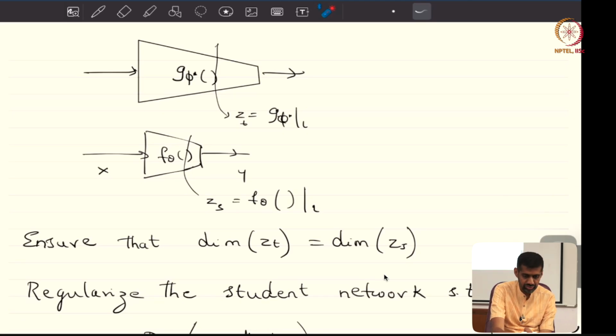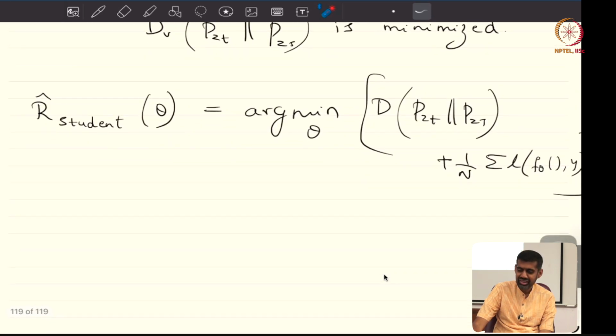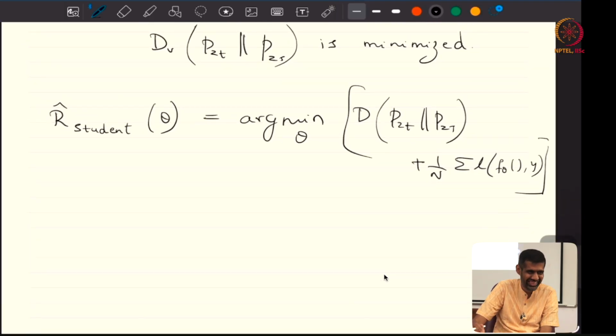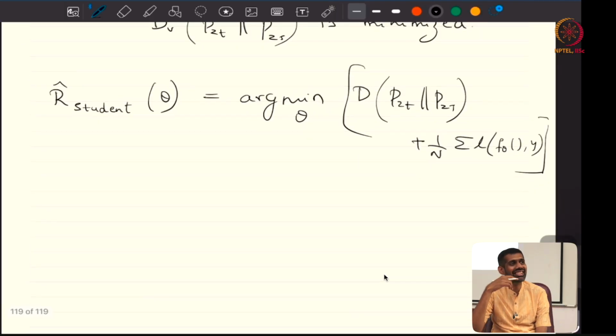Dark knowledge elucidates a lot of questions. One more question: can teacher and student be of different architectures? Are you saying that one is a CNN and the other is an MLP or something? Yeah, no restrictions have been put here.